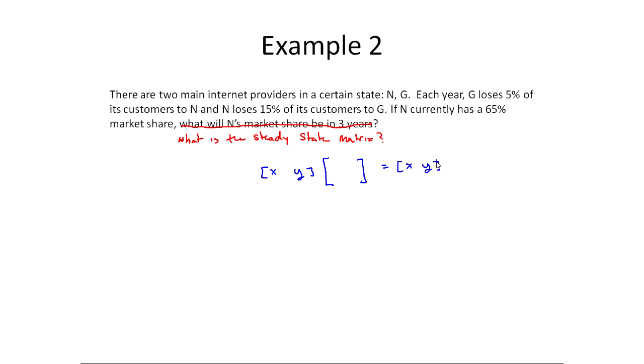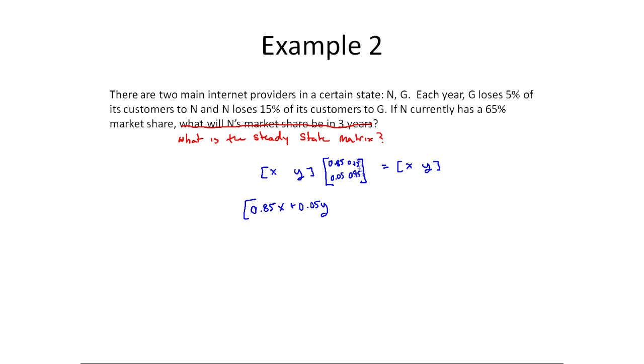If you look back in your notes, our transition matrix for this was 0.85 and 0.15 and 0.05 and 0.95. All right, so the first step is to multiply this through, and that'll give us 2 equations. We'll pick one of them. For this row hitting this column, I get 0.85x plus 0.05y.